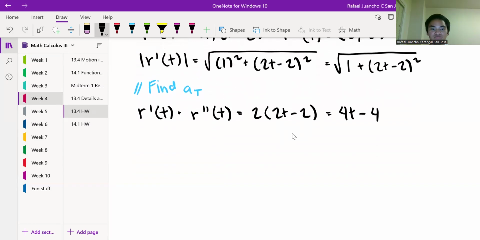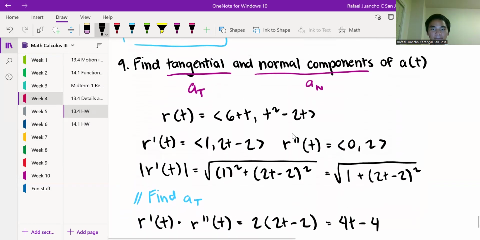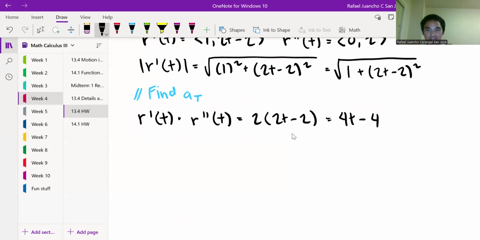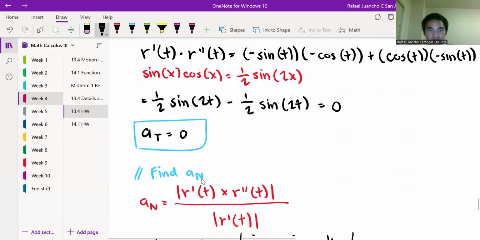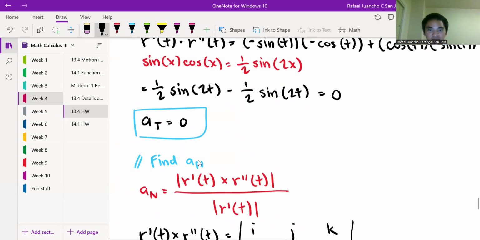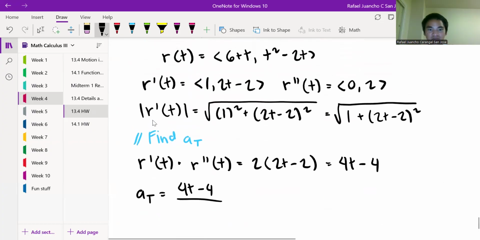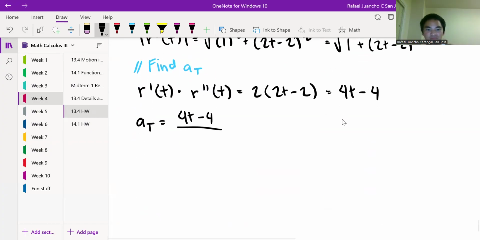There's a scalar, it's a number. So my a tangential of t is just my dot product over my speed, the magnitude of my r prime, square root of 1 plus (2t minus 2) squared.